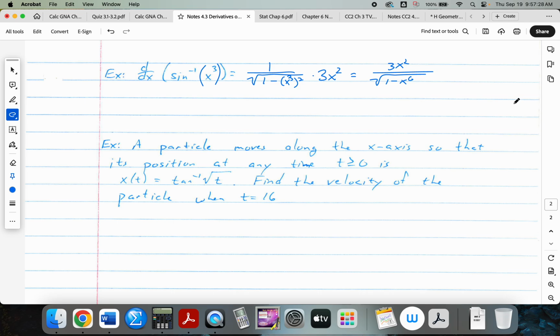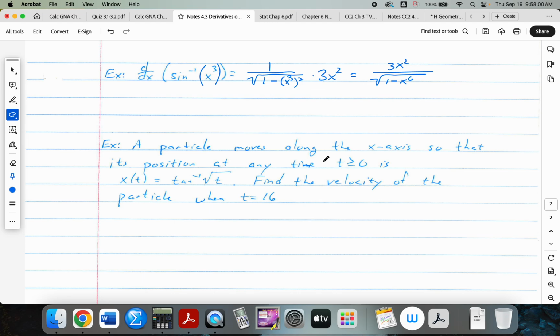Part of why it's important to do enough of these is that later on we'll actually be going in reverse, where you'll be given something that looks kind of like this and say, well, what function could I have taken the derivative of to have ended up with this ugly thing? And you have to go, oh, well, that's sort of in the form of the arc sine, and if I rewrite that as x cubed squared, then this is the derivative of the inside part.